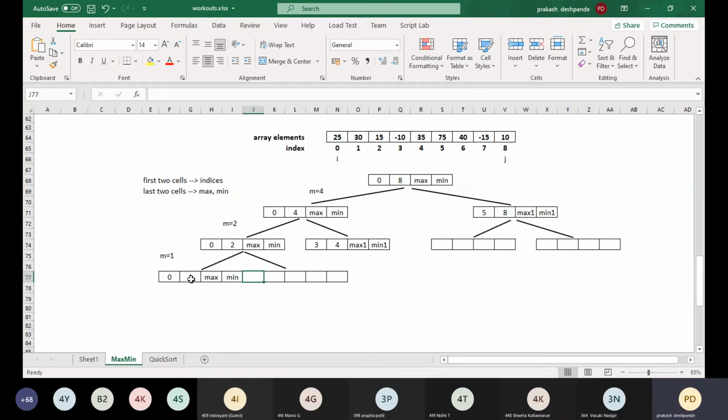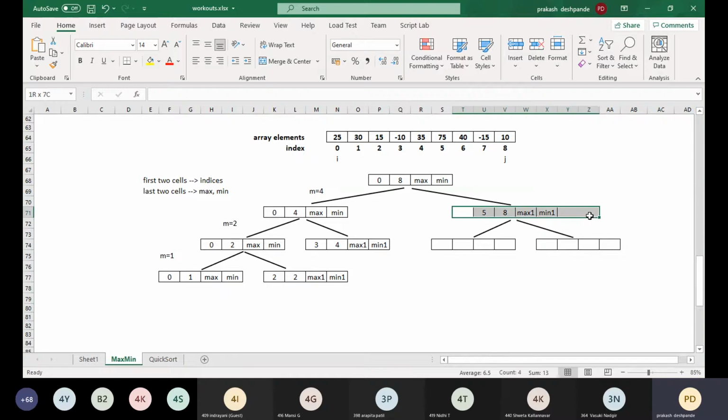Once we divide all the elements, then we will start the combining process. Now here what should I write? 2 and 2, and max 1 and min 1. So the left half of the original problem which we have partitioned, we have filled with all its index values and the maximum and minimum which we will be combining later.